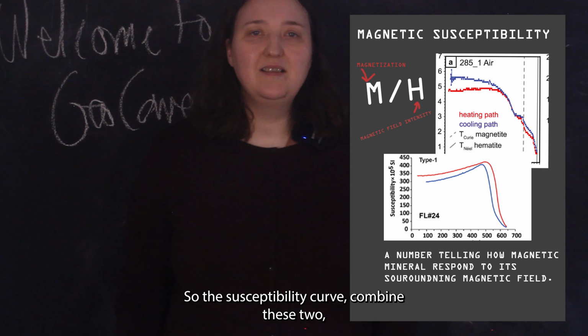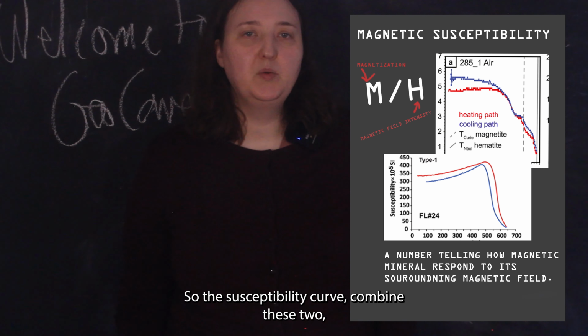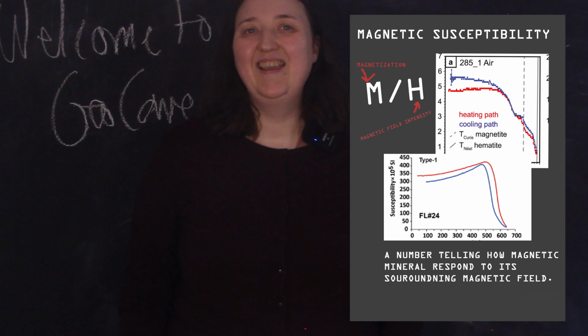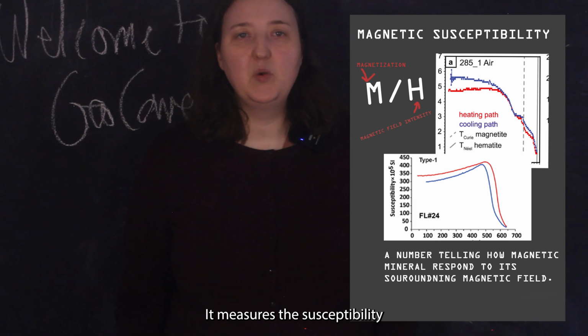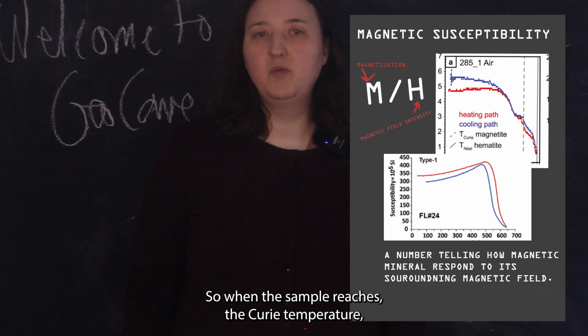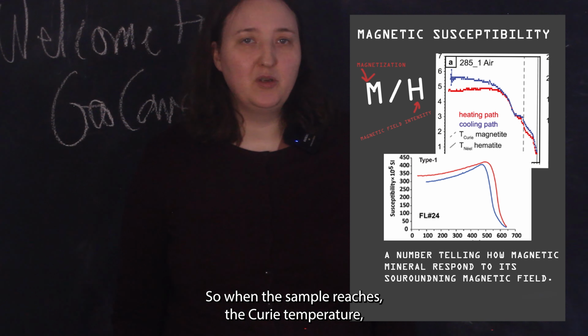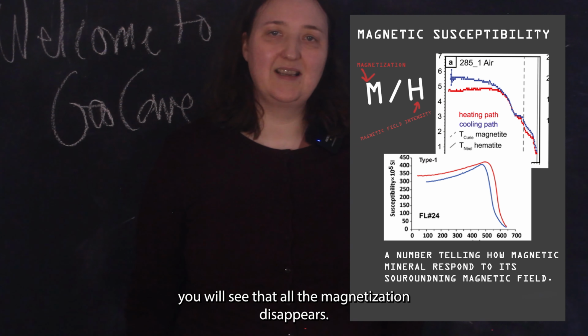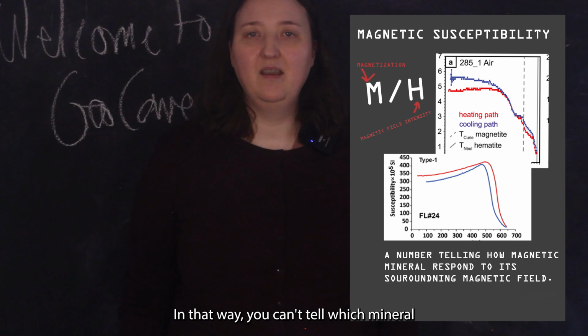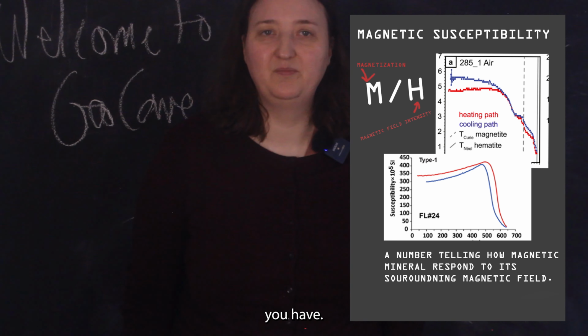So the susceptibility curve combines these two, the Curie temperature and the susceptibility. It measures the susceptibility while heating a sample up. When the sample reaches the Curie temperature, you see that all the magnetization disappears. And in that way you can tell which mineral you have.